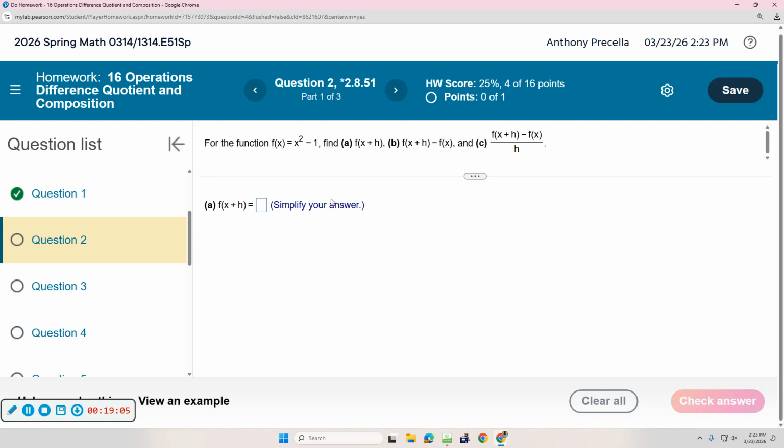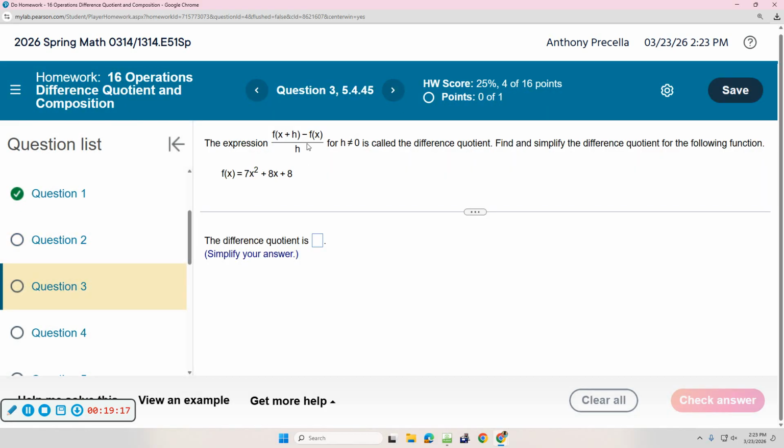And that's how I'm going to find difference quotients. Notice they break it into 3 parts to make it easier to find that difference quotient. When you look at number 3, they're not breaking it into the 3 parts anymore. They're just saying, find the difference quotient. I'll still use those 3 parts when evaluating the difference quotient.